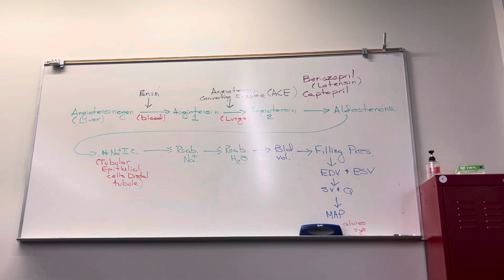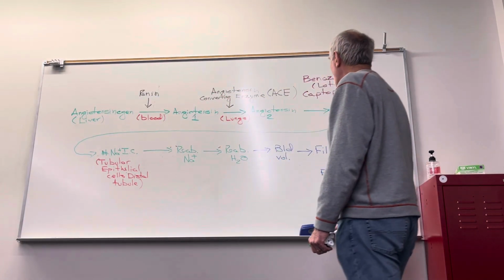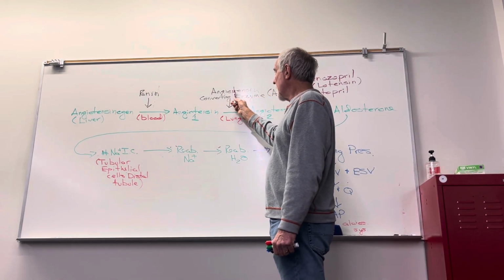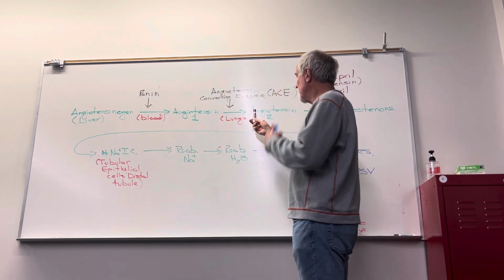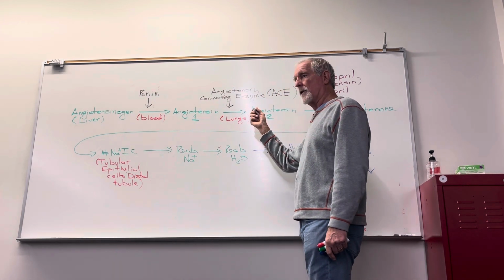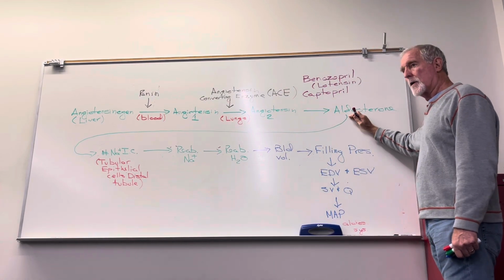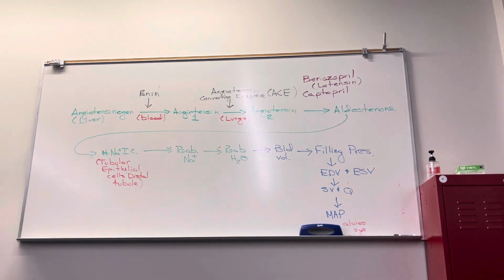So sit there and think about this. We've got Mrs. Jones, she's hypertensive. We come along and we inhibit the angiotensin converting enzyme. That means that the amount of angiotensin 2 is going to go down, which means that the release of aldosterone will go down, which means that the number of sodium ion channels over here will go down.